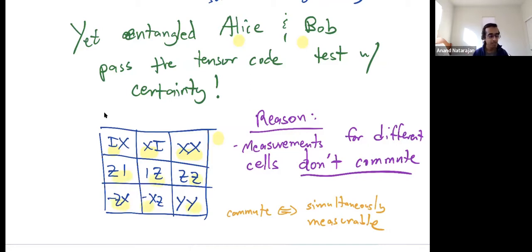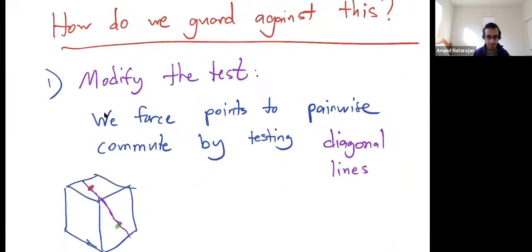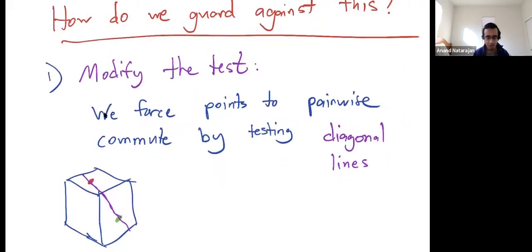It even seems to suggest that it's kind of hopeless for the tensor code test to work against entanglement, because we could use something like this. So that's the main challenge in our analysis, to show that this doesn't happen in general. The way we do that is we do two things. The first thing we do is we cheat a little bit.